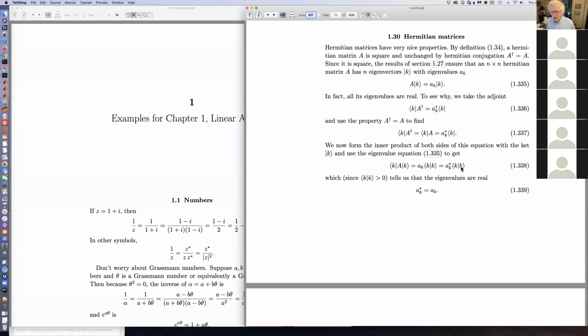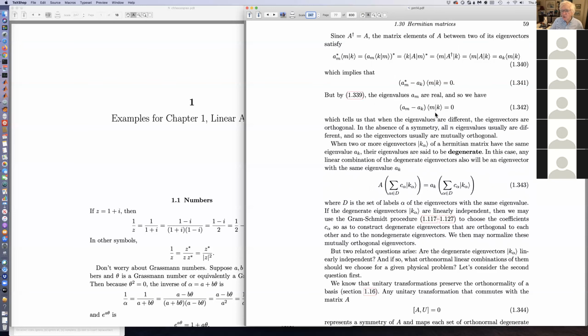But if A is Hermitian, that's m A k, and then A on k is a_k. So now we have the result that a_m star times m k is equal to a_k times m k, and that's this equation. But we already know all the eigenvalues are real, so this is the equation that we have. And now this tells us that if this is non-zero, they're orthogonal. And so this tells us that when the eigenvalues are different, the eigenvectors are orthogonal.